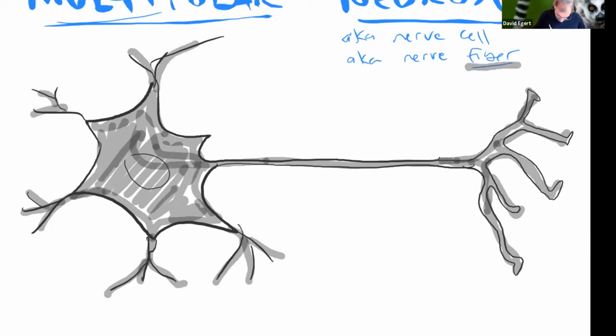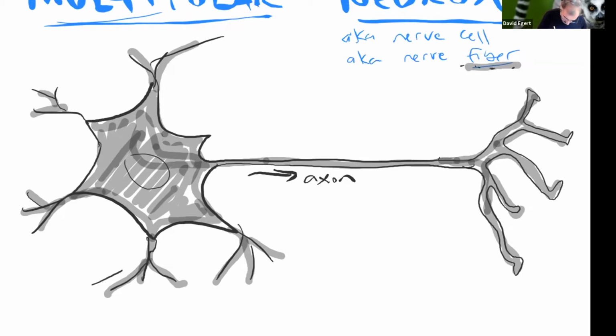This big process that comes off of it, where messages are usually leaving, the axon. You have axons that leave your spinal cord and go all the way down to the tip of your toe. These can be 3 feet long. They might be shorter, but that's why I said fiber. They can be really long. The axon tends to be the main process where messages are coming out.